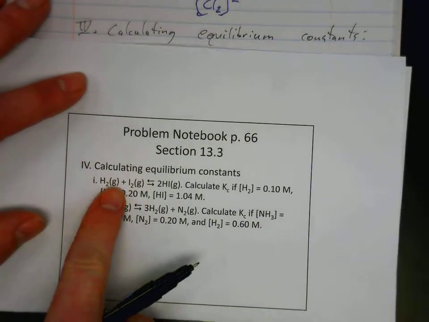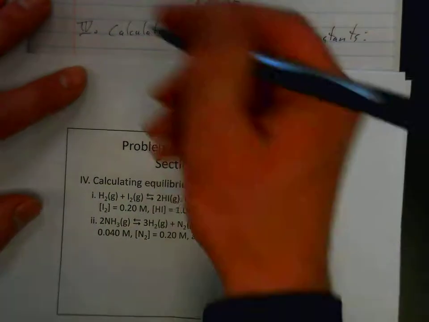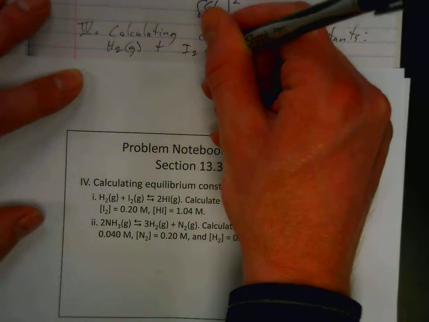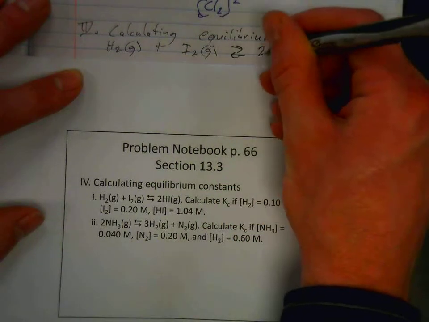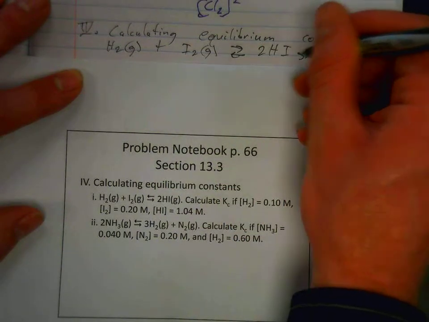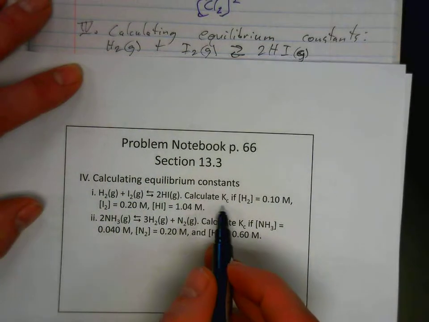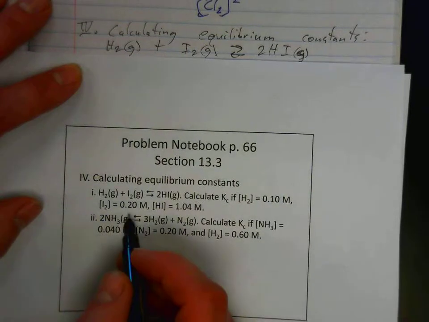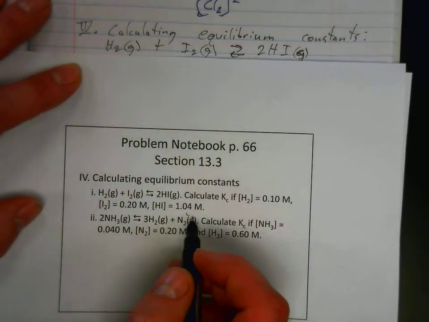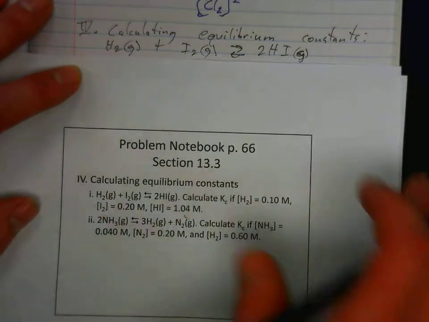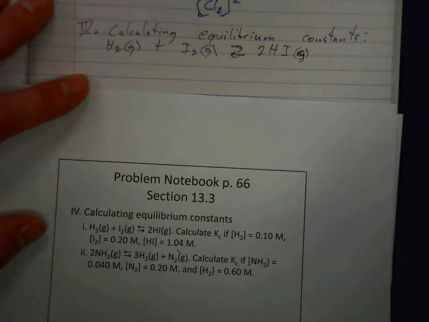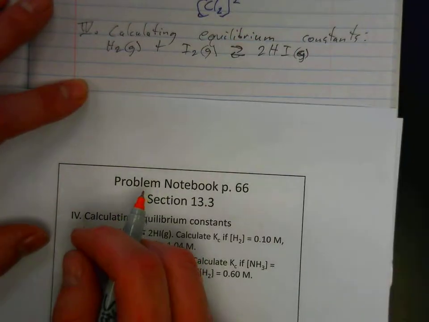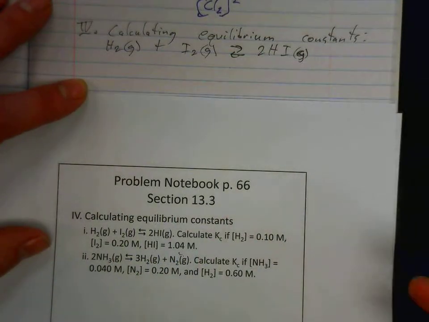So let's say we had this equation, H2 plus I2 makes 2HI. We're going to calculate Kc if H2 is 0.1 molar, I2 is 0.2 molar, and HI is 1.04 molar. Well, just a few extra steps here. I'm going to write the concentrations first off to the side.